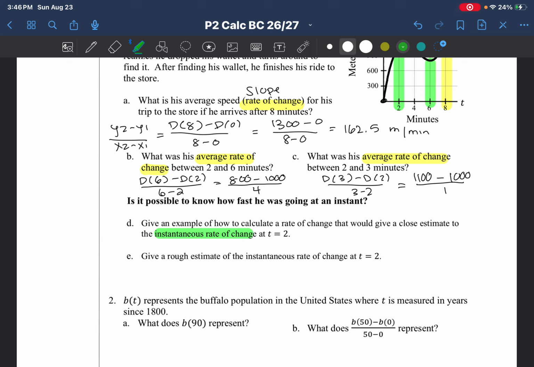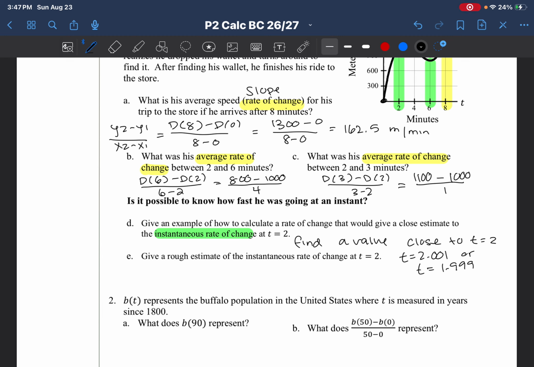So in order to do that, since we want to estimate at one certain point, we are going to have to find a value very, very close to t equals 2. So this is going to be like t is equal to 2.001 or t is equal to 1.999. So those two values are very close to 2.